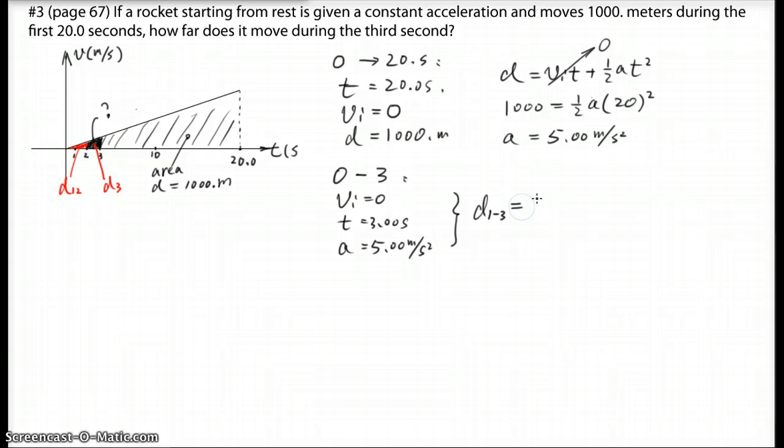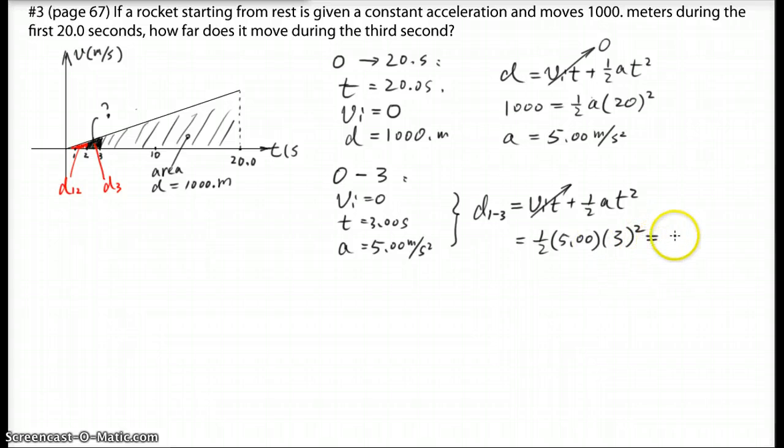So that should be v_i t plus 1/2 a t squared, and then this is 0 again. It's gone. 1/2, a is 5.00, and t is just 3 squared. So we can do this calculation later.